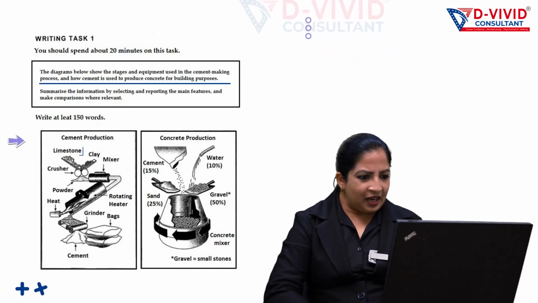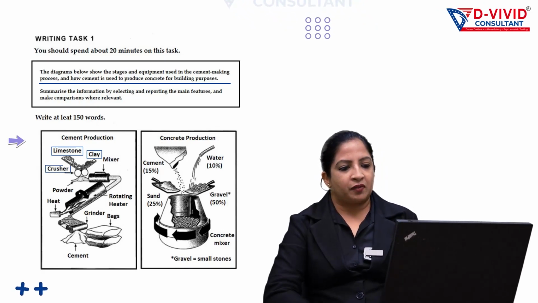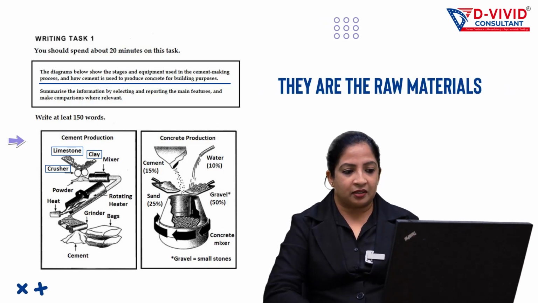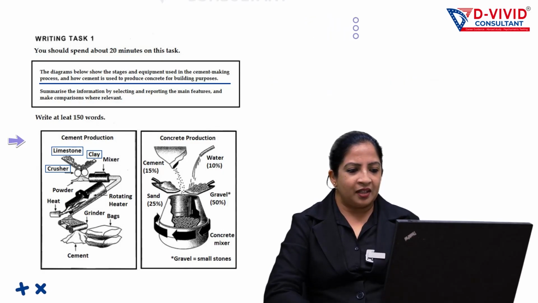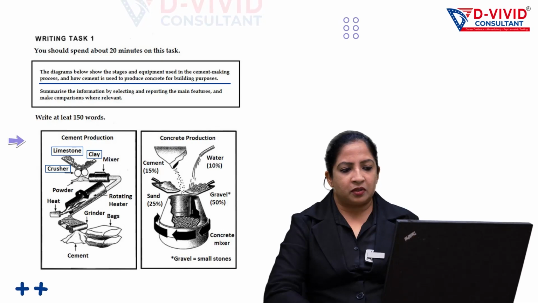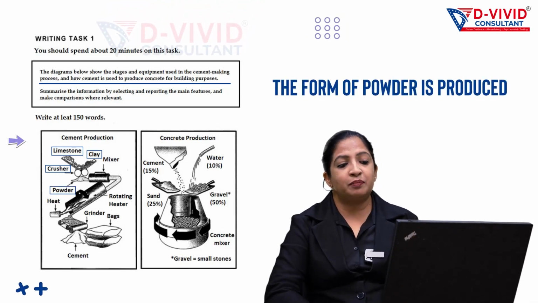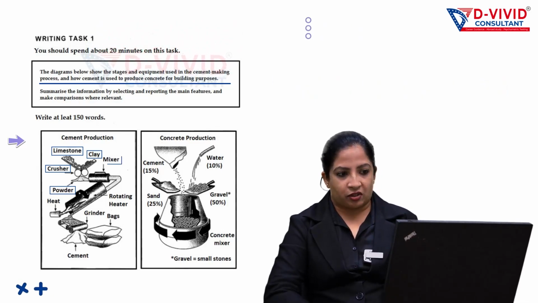Let us see what the process of cement is. First we can see that limestone and clay are crushed with the help of a crusher, and so they are the raw materials. That is the term that we should use. And then what? After crushing, a powder is produced, and this powdered raw material is passed through the mixer, right?